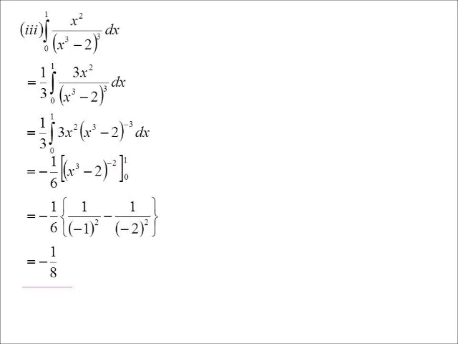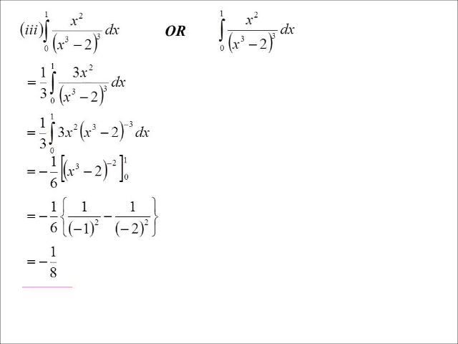I've got x squared, not 3x squared, but that's okay, because I can multiply it by 3, but then divide it by 3 out the front. So I now have derivative times the function to some power. Power in this case is now negative 3. Okay, so there it is, derivative, function to some power. So I can get the function, add 1 to the power, over the power, and we're going to sub in from 1 to 0, and we get our answer.